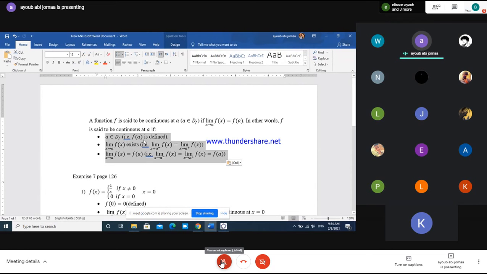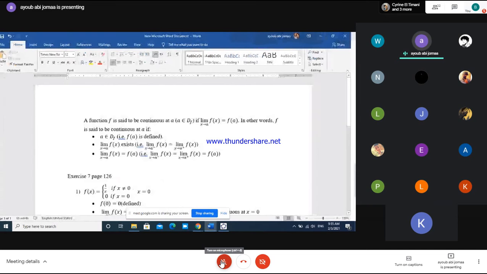The number should be in the domain, that means f of a is defined. Condition number 2: the limit as x approaches a exists, meaning the limit from the left equals the limit from the right. And the third condition: these three values, limit from the left, limit from the right, and f of a, should be equal.